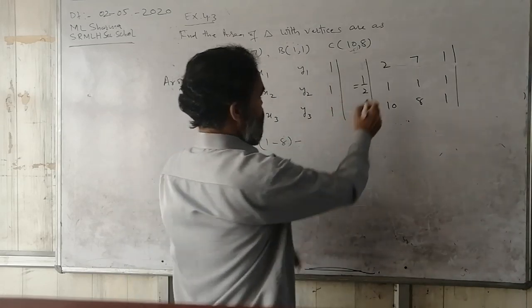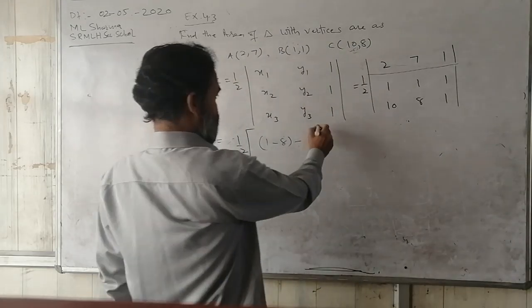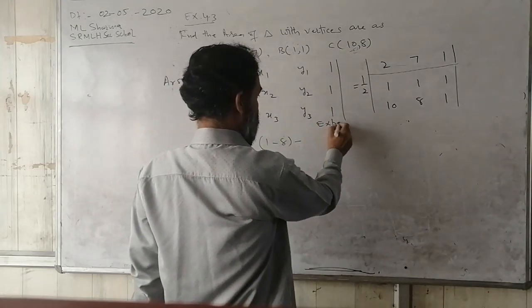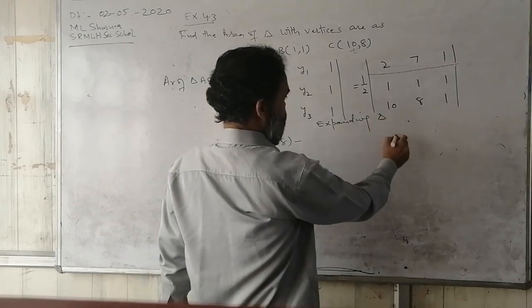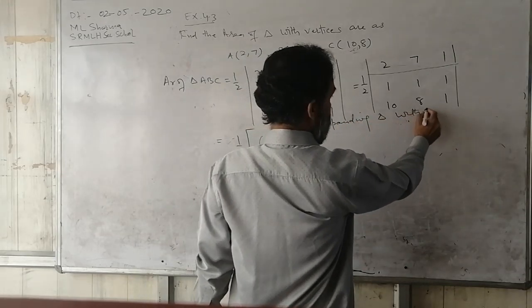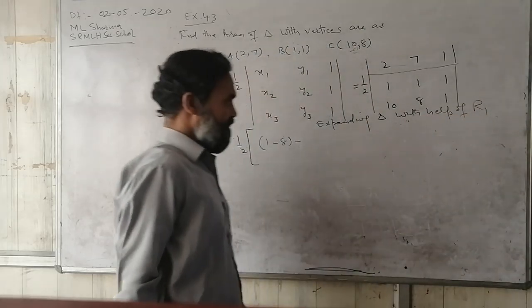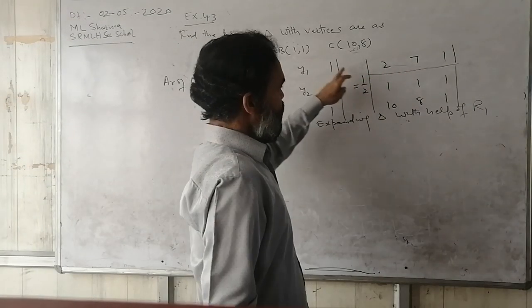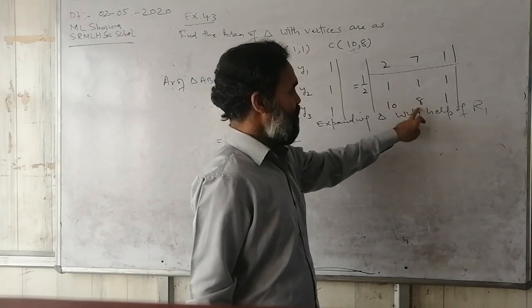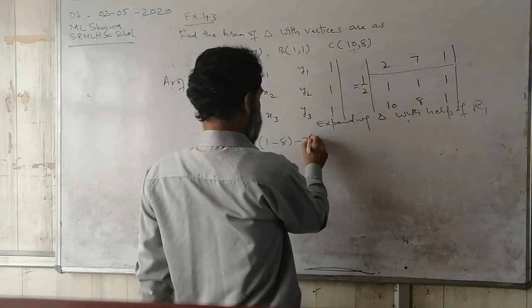I am expanding the determinant with the help of row 1. The first element of row 1, delete this row and this column, then 1 times 7.